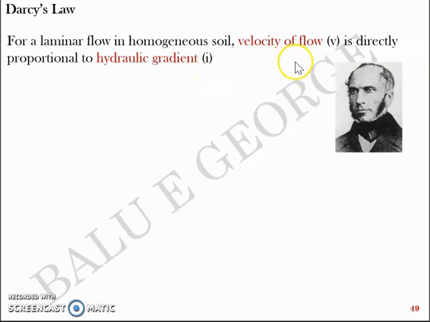So velocity of flow is proportional to hydraulic gradient, which means v is proportional to i. We have a constant of proportionality, k, there, which is the coefficient of permeability. v equals k multiplied by i. v is the velocity, i is the hydraulic gradient, k is the coefficient of permeability.